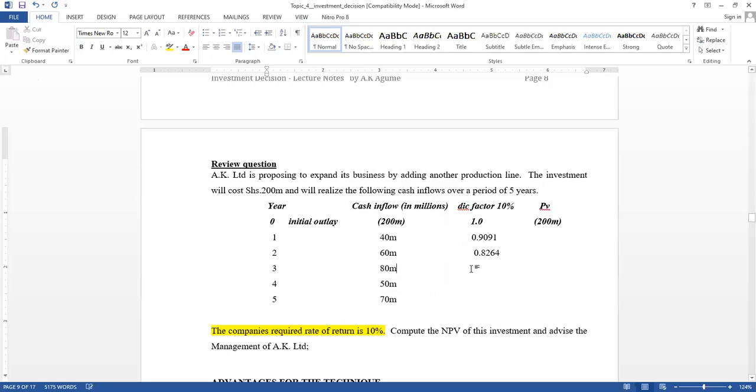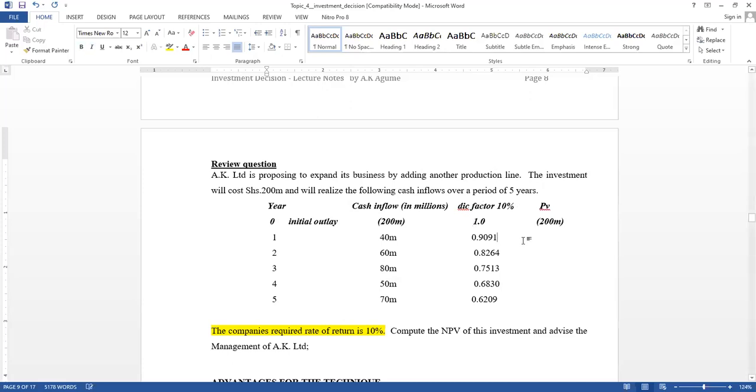Then year 3? 0.7513. Year 4? 0.6830. Year 5? Year 5 is 0.6209.